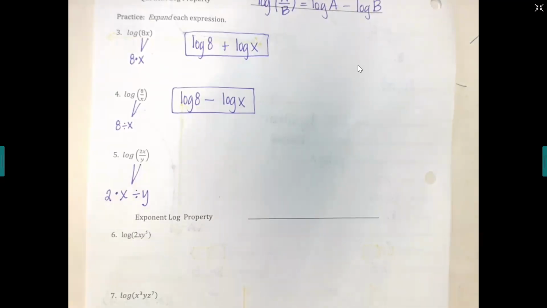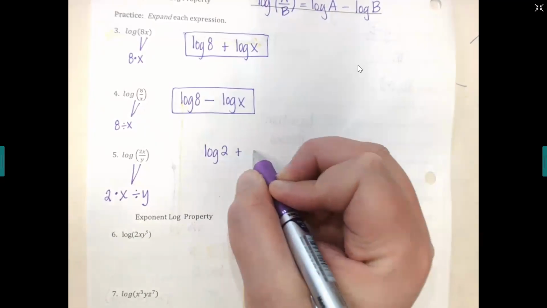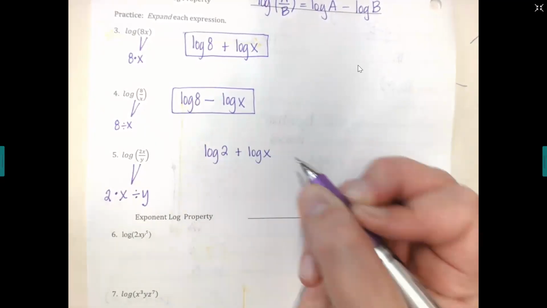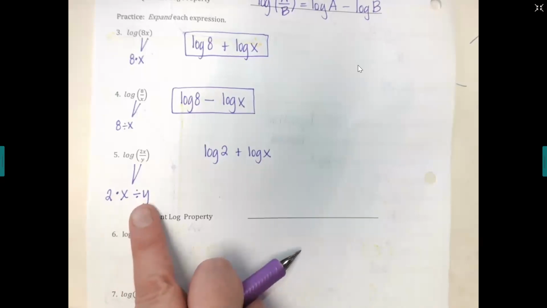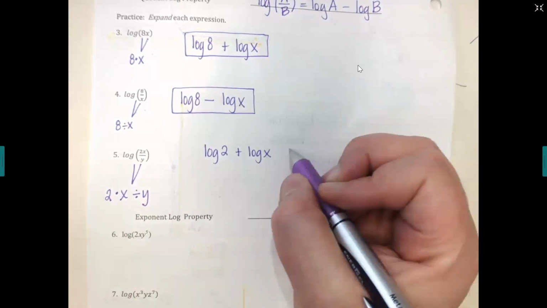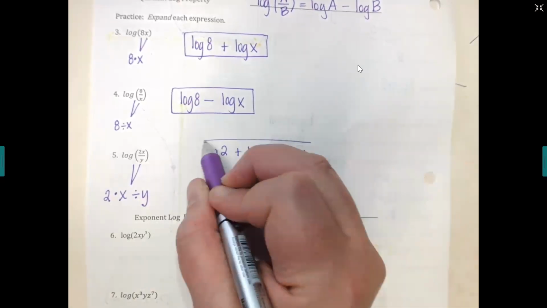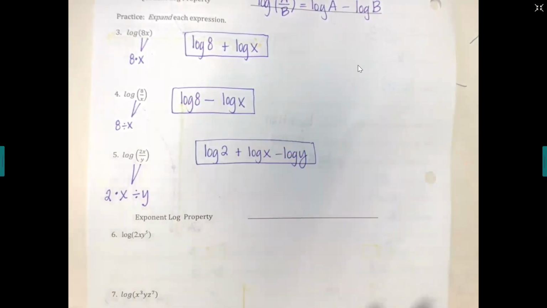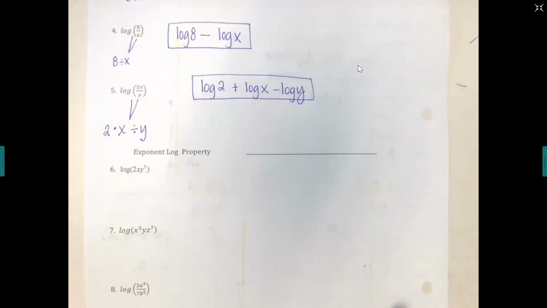So let's start with 2 and x. I'll have the log of 2 plus the log of x, because those were multiplied together. Then when I get to the y was divided, so I'll use a subtraction. It'd be like that.